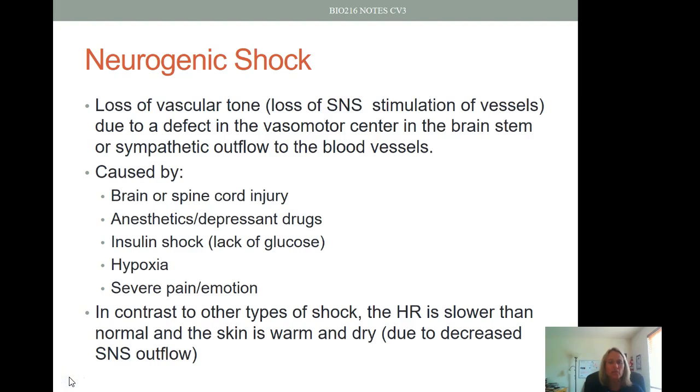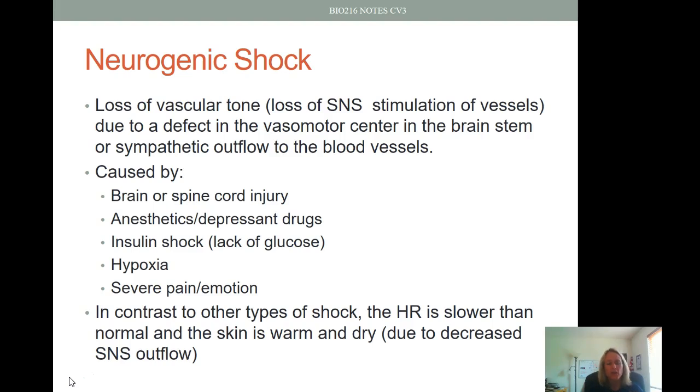Neurogenic shock occurs when we have a loss of vascular tone due to a loss of sympathetic nervous system stimulation of the vessels. And this is due to a defect in the vasomotor center of the brainstem, or the sympathetic outflow from the brainstem to the blood vessels.